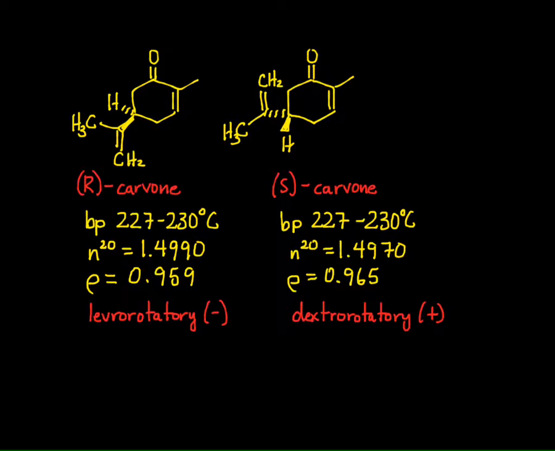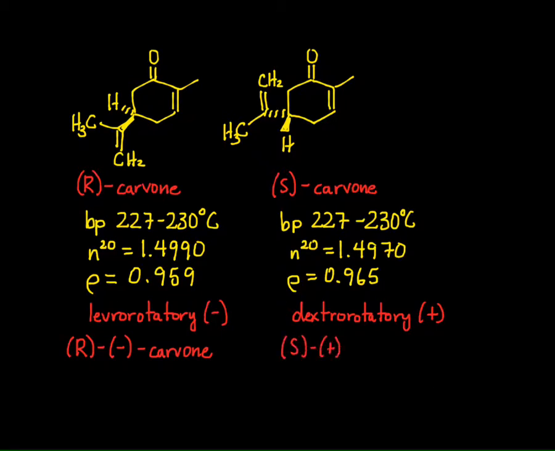And oftentimes you'll see a compound that is a particular enantiomer with a physical property of minus or plus. So this is giving you the direction of the specific rotation. So for R carvone, we can now add the minus: R-(-)-carvone.